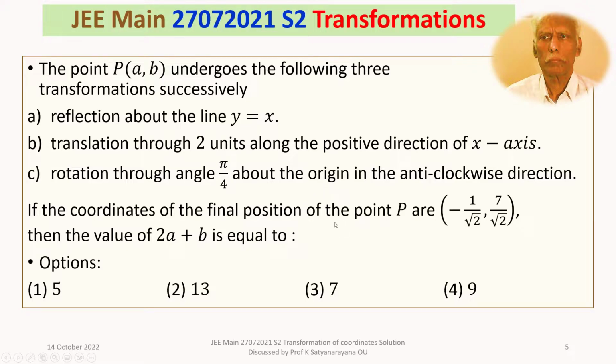The final position of the point P is given as (minus 1 by root 2, 7 by root 2). We are required to find 2a plus b from these four options.